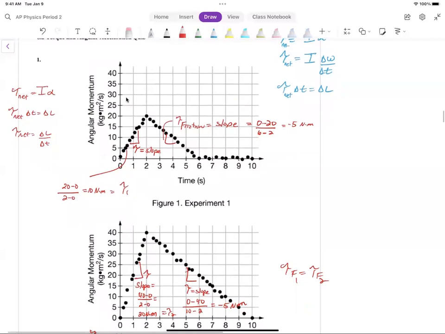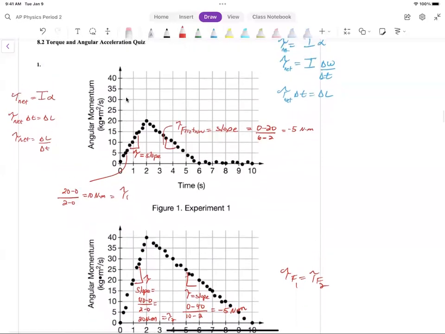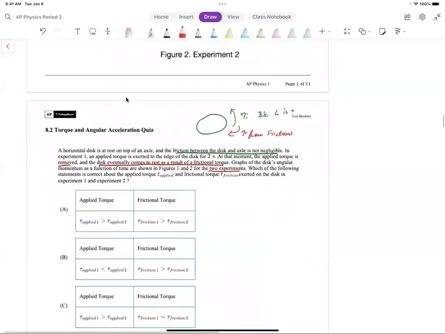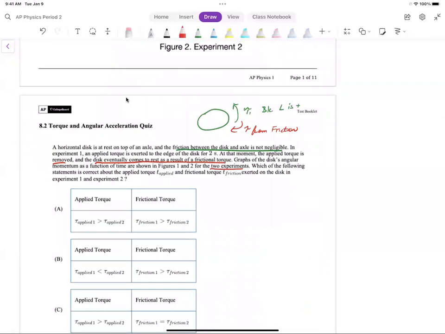What are the slopes? Torque. What are the slopes for each of these sections of lines? Now we read the situation, and we find that we have a disc, we have a torque that's being applied, there is friction, and at 2 seconds, the torque is gone. The external force creating that torque is gone, and friction begins to slow it down until it comes to rest.